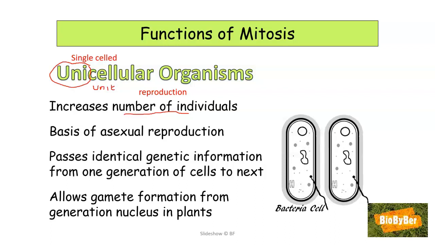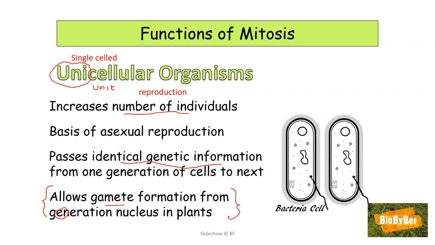Now, these 2 new individual cells, as we've said, have the same genetic information in them. They are clones of each other. So mitosis is also a way of passing genetic information from one generation of cells to the next. And as an added extra, mitosis also allows gamete formation from the generative nucleus in plants. This links back to the section on plant reproduction.